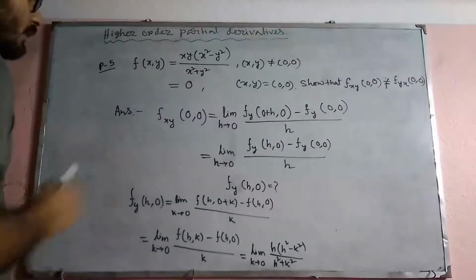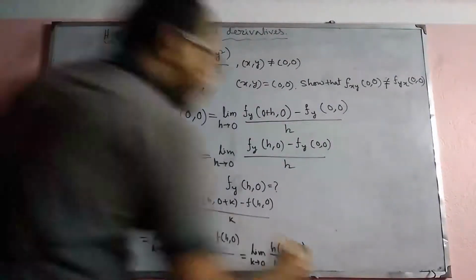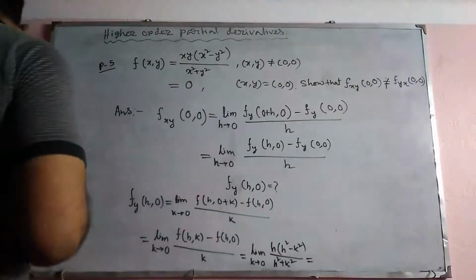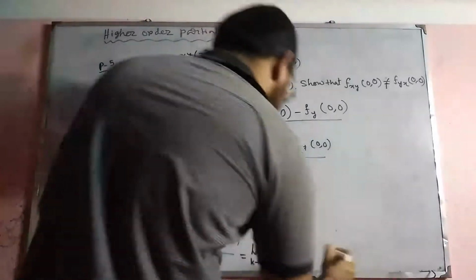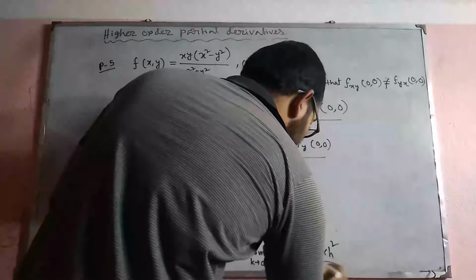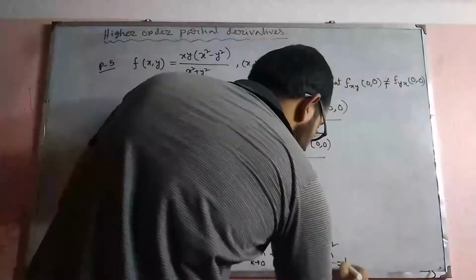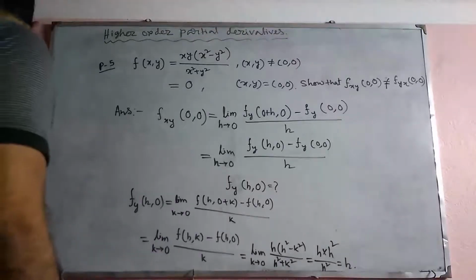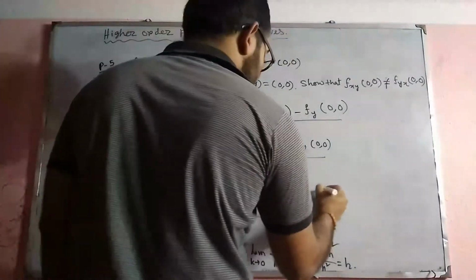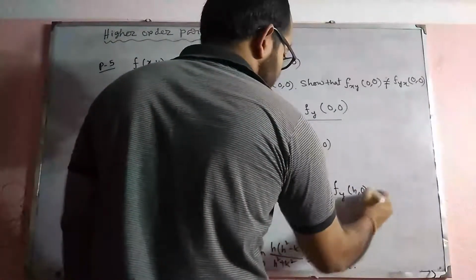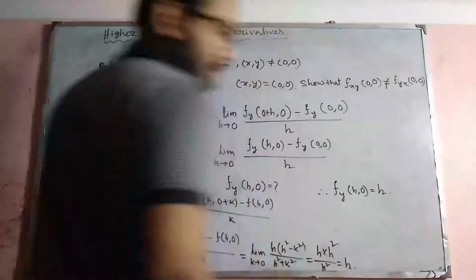And if we make k tends to 0, then it is h times h square by h square, which is equal to h. So f y of (h, 0) is equal to h.